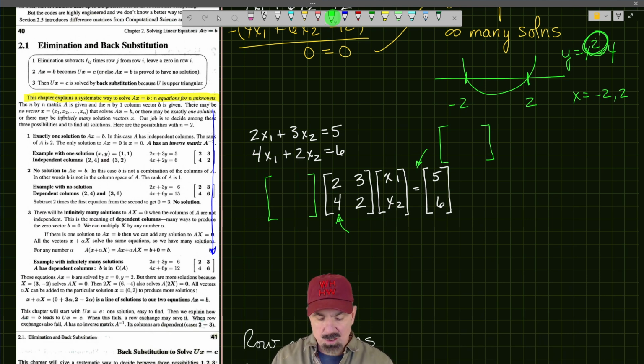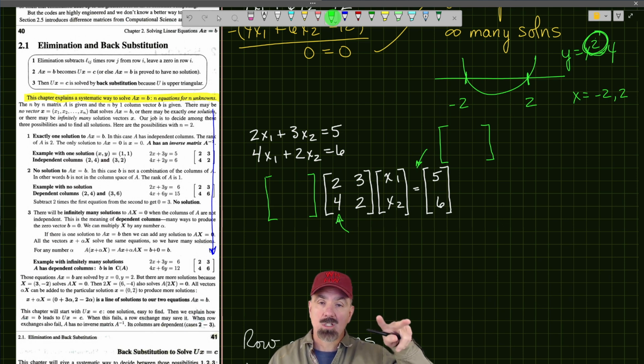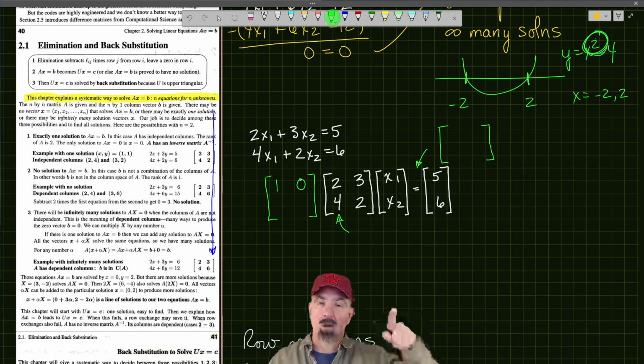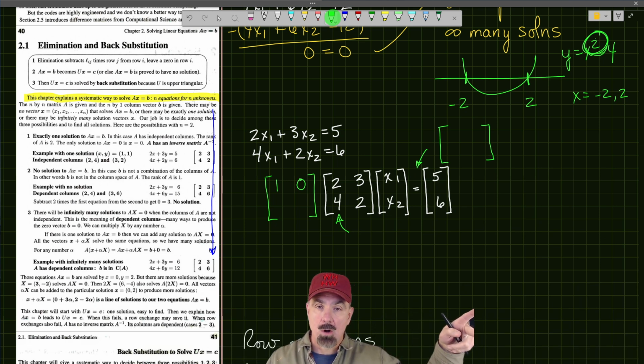So what we want to do is keep the top equation. Remember, if I left multiply, that's a row on the left, and then I sweep that through the columns on the right-hand side. So in order for me to keep the top row, I'm just going to multiply by 1, 0, and that's going to preserve that top row.